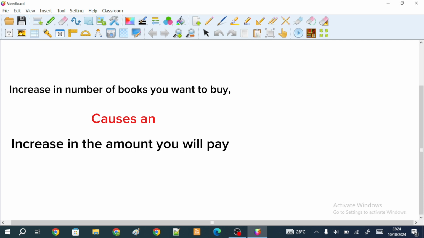So as the number of books increases, the amount you're going to pay also increases. So this relationship between the amount and the number of books is a direct proportion. Reason is, as you buy more, you're going to pay more.